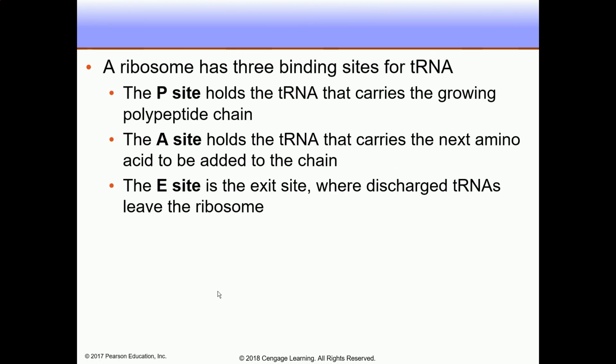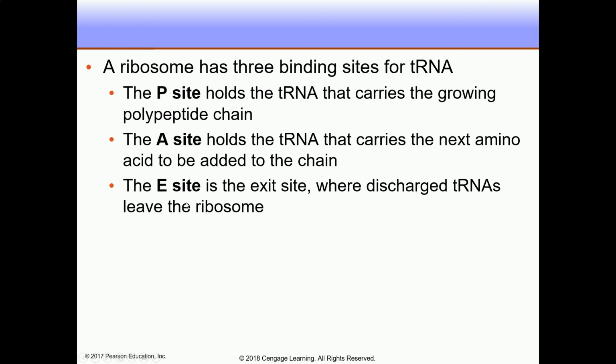The ribosomes have two subunits, one small and one big. The bigger subunit has three sites: P site, A site and E site. We will be talking about these sites.